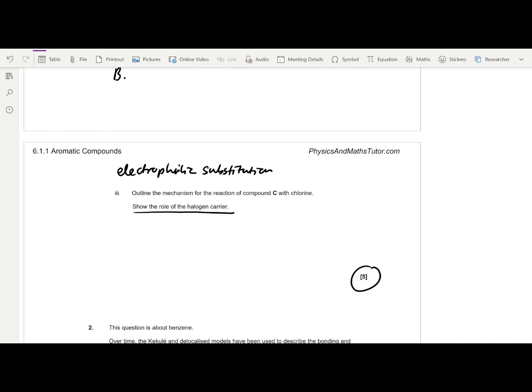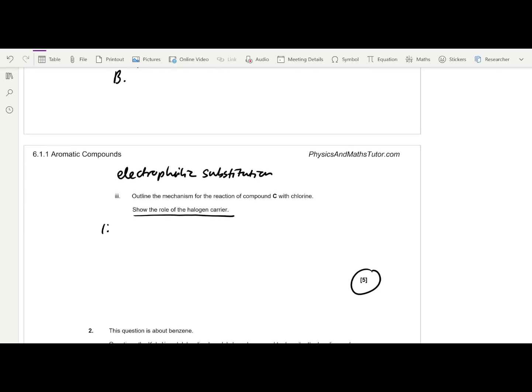We'll start with how we make the electrophile, which is going to be using the halogen carrier and the chlorine. So we're going to react chlorine with aluminium chloride or iron chloride, whichever one floats your boat, and that's going to make the Cl+ electrophile.